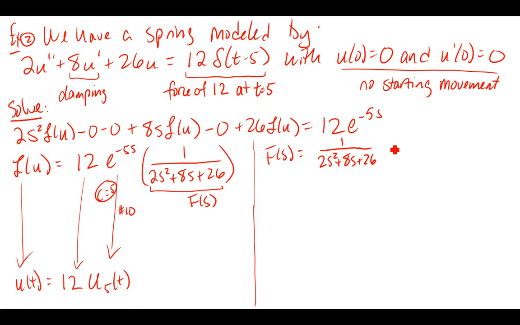So just factor that 2 out. If I factor that 2 out, that becomes a 1/2, because the 2 is in the bottom. So I at least have a little bit of a nicer thing to look at.